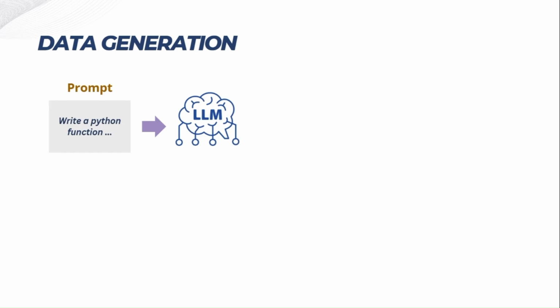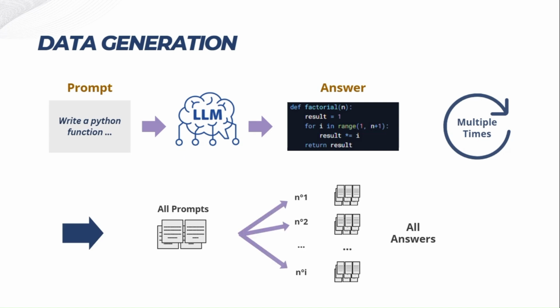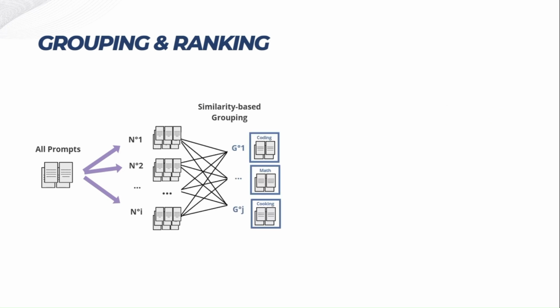The first step is data generation. We provide the LLM with some prompts and it will generate an answer multiple times until we have a good set of prompts where each one corresponds to multiple answers. Once we have the model's answers across diverse domains and different tasks, we divide them into small groups based on similarity to track how the model performs in each domain.